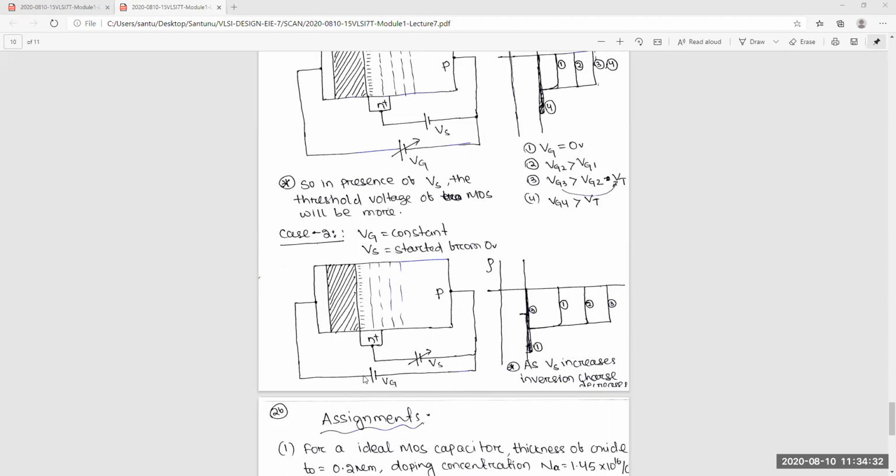So in these two ways, you can analyze or remember. The final point is that once you increase the source to substrate bias, Vs, you have to give more threshold voltage to get back the same condition.